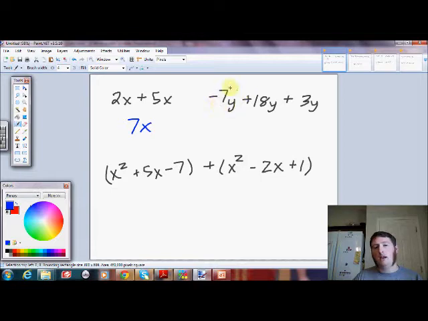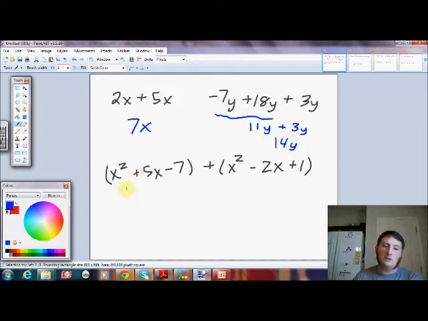Here we have negative 7y plus 18y plus 3y. These are all in terms of y, so they're all like terms. We could do it in pieces. That makes 11y plus 3y, which makes 14y.